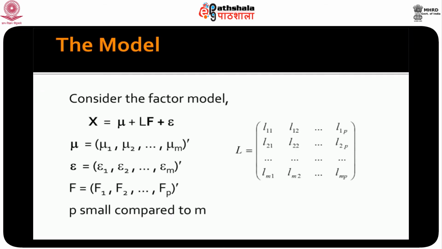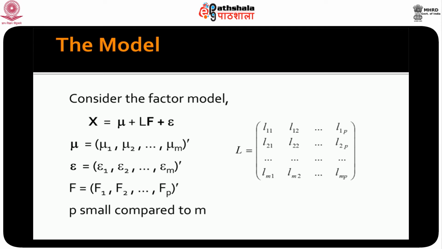Today we will be looking at the estimation of the parameters of the orthogonal factor model that we introduced in the last class. Remember that the orthogonal factor model was: the observation vector x is equal to mu plus L into f plus epsilon, where f consists of the factors, which are p in number and much less than the m number of variables that we have.